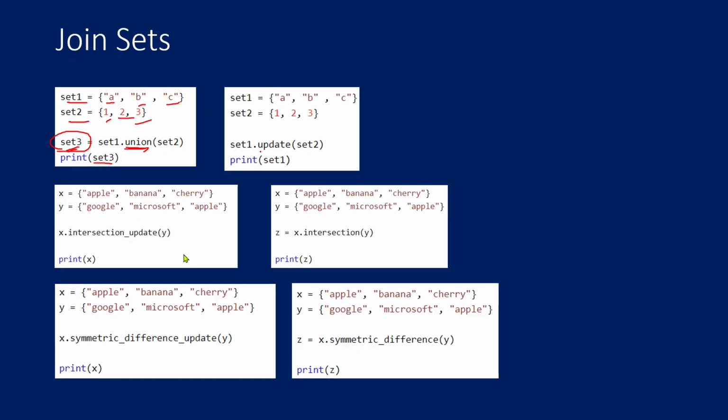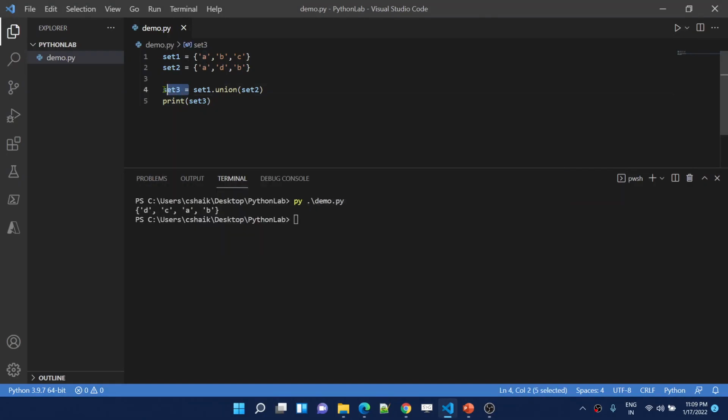Now if I come to update, update will not create any new set. That is the reason we are not assigning this output to any variable. It simply updates set1 with the values from set2. If there are any duplicates, it will do the same thing and not consider them. Let me show you practically.